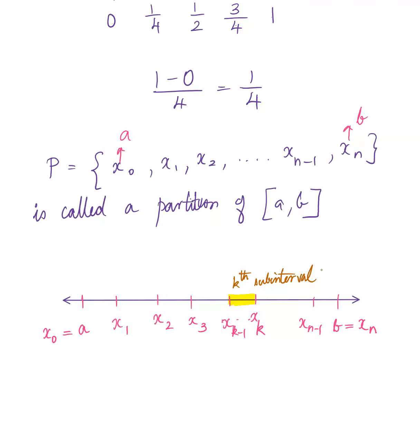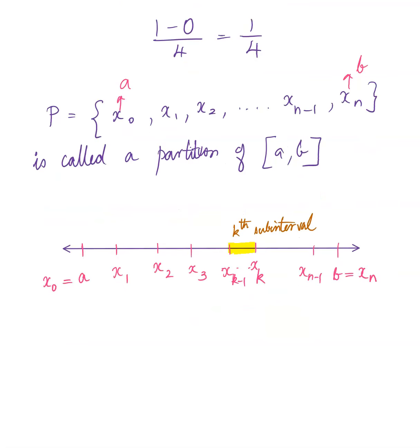Now, what do you think could be the width of these? If you consider the width between x0 and x1, we indicate the change or the difference in the axis as delta. So I'm going to call this delta x1, meaning that is the width of the first subinterval.